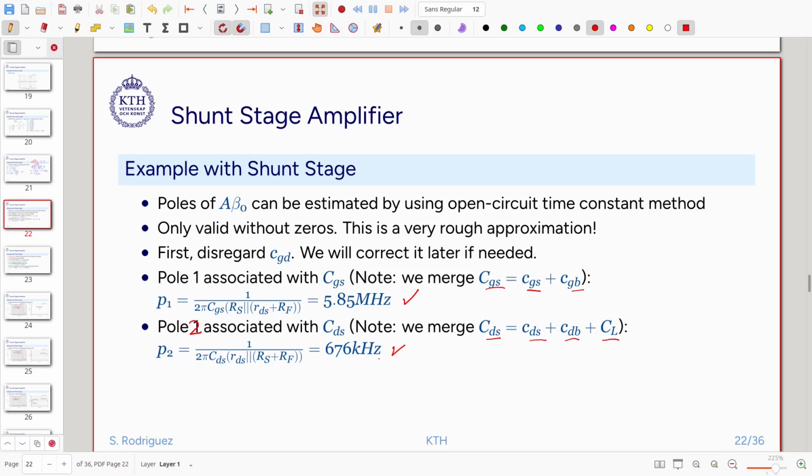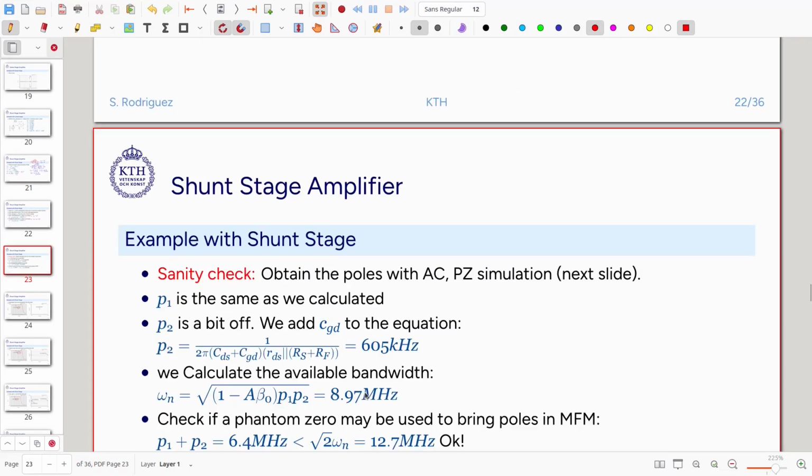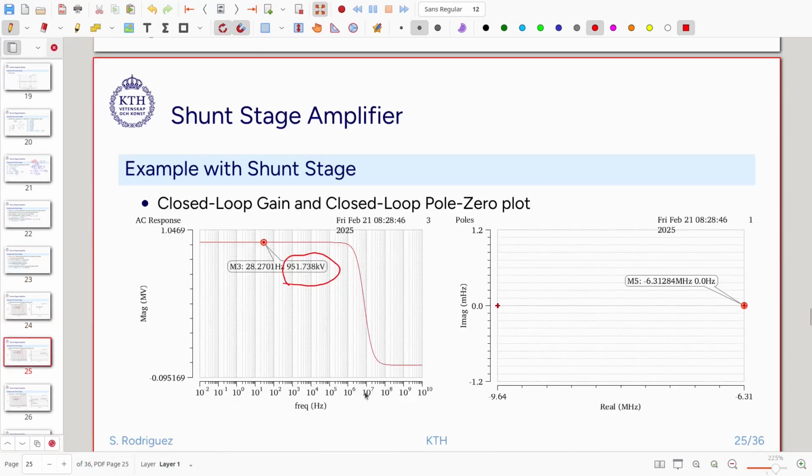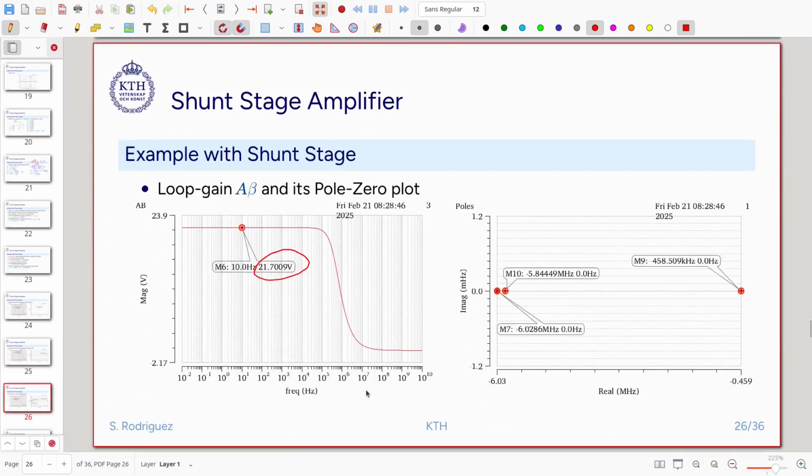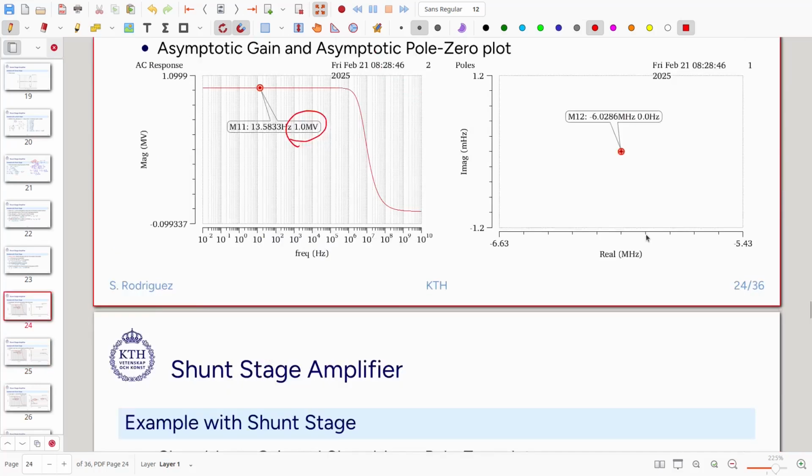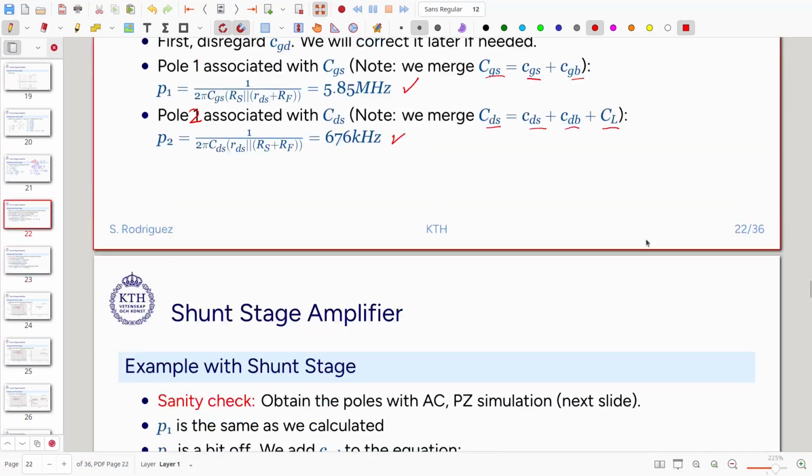So let's take a look when we simulate in Cadence what the exact positions of these ones are. We get the position of the first pole. It is minus 5.8, so it is pretty close to what I calculated. The position of the second pole is a little bit different. It is telling me minus 458 kilohertz. So what we can do here is try to improve our model a little bit.